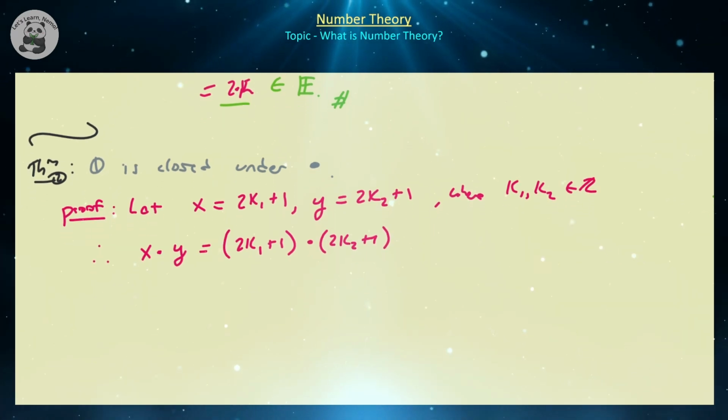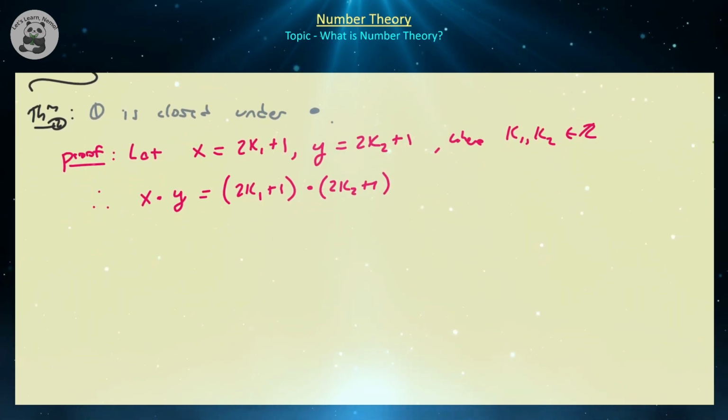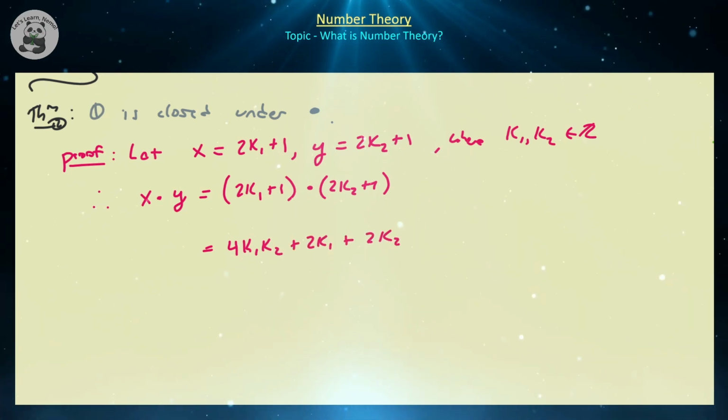So since we have x in Z and y in Z, and we're multiplying numbers in Z, the distributive law is also going to hold for all numbers x and y inside of Z. So we can write this as 4k1k2 plus 2k1 plus 2k2 plus 1 using the double distributive law.